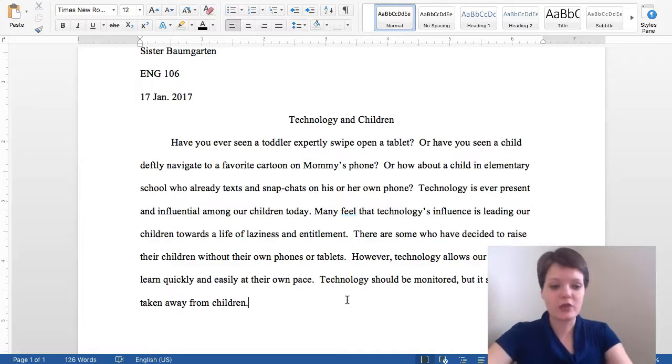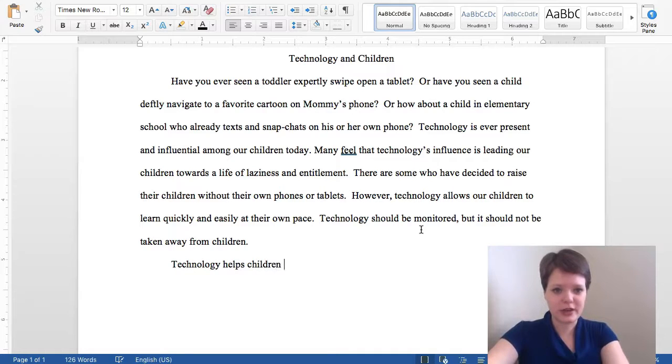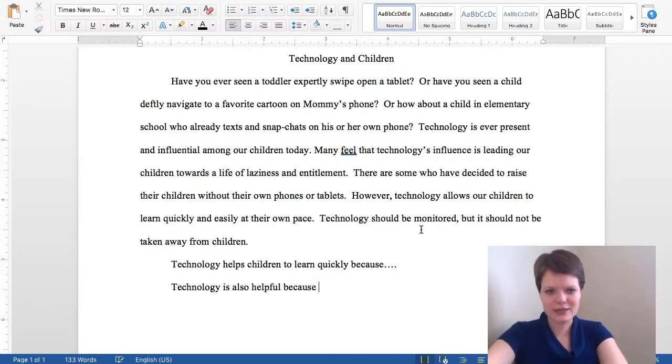So as I plan out the rest of this essay, I would probably write a paragraph on how technology helps children to learn quickly because, and I would go on and give evidence for that. That's a key part of this essay. You must include evidence. And then my next paragraph, I would probably say technology is also helpful because it helps them learn at their own pace. And I would work on that.